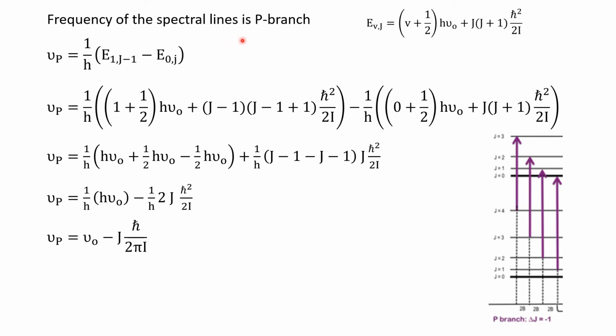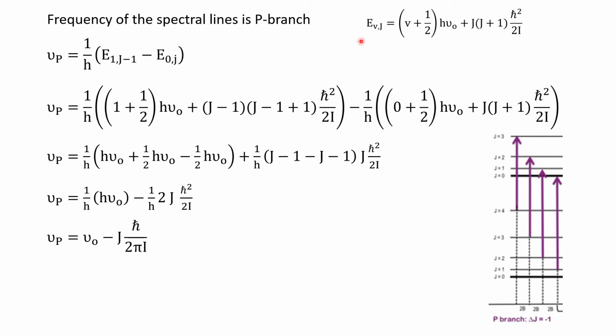Here, in the case of the P branch, the frequency of the emitted photon will be equal to 1/h times (E_j-1 minus E_j). So here the transition is from j = 4 to j = 3, so that is why we are talking about j - 1 to j. And for vibration, it is from vibrational state v = 1 to v = 0.